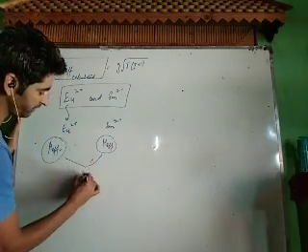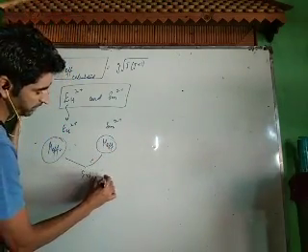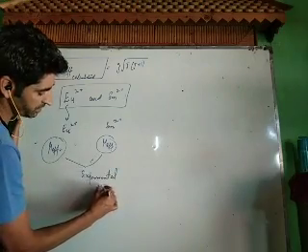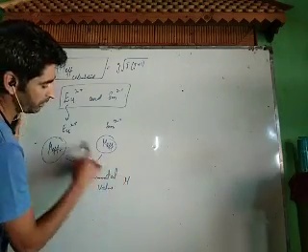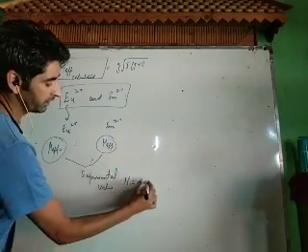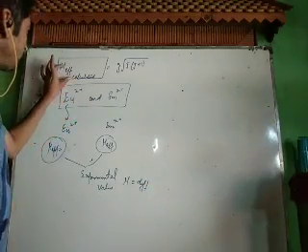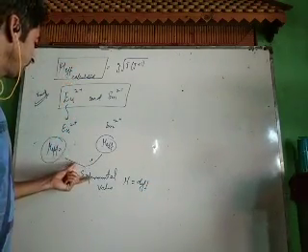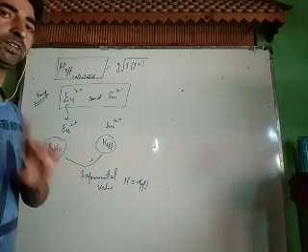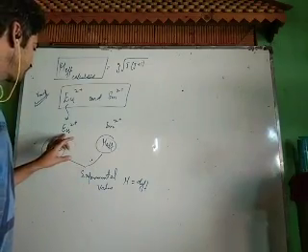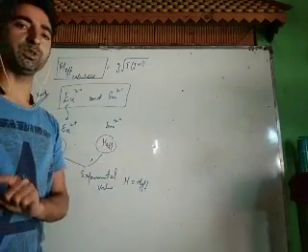The experimental values for mu of these two ions are different. Means the calculated value and the experimental value are different for only two ions, that's europium 2 plus and samarium 2 plus.